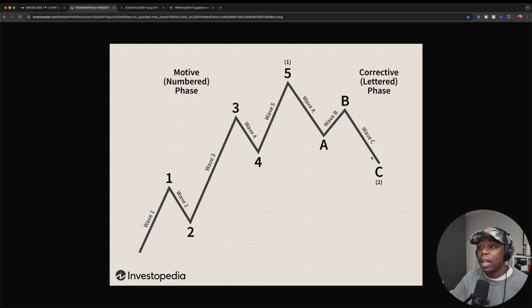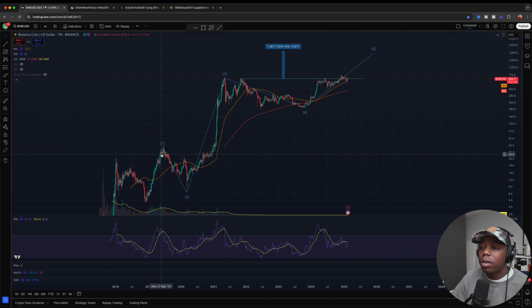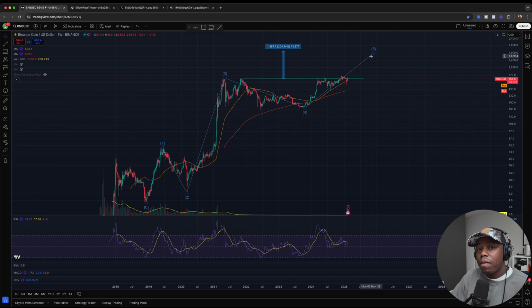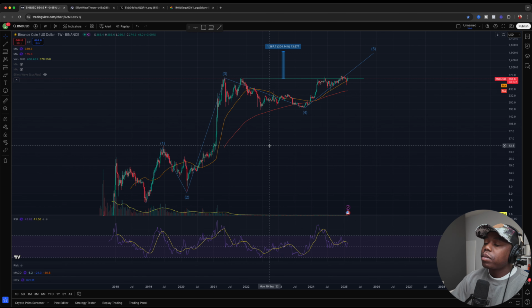Just to break this down for you, you can see on the chart there is a wave 1, a wave 2 down, a wave 3 up, a wave 4 back down, and we're in this final wave 5. That's part of my analysis, that we're in this wave 5 that you can see right here.